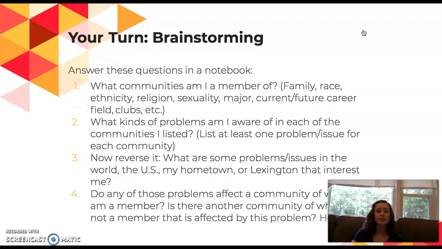It might be what's my sexuality, ethnicity, or race, and how are problems being addressed in those communities right now. So you can complete those in your notebook, and they'll connect to the discussion board post for this week that will ask you to think of 1 to 2 actual viable research topics. So this is really important to do this brainstorming work now.